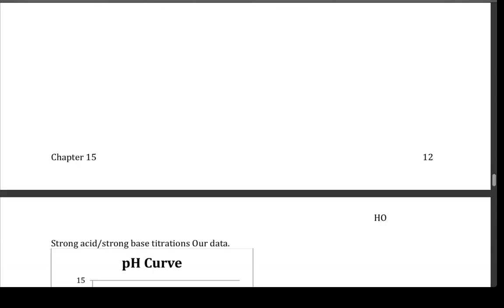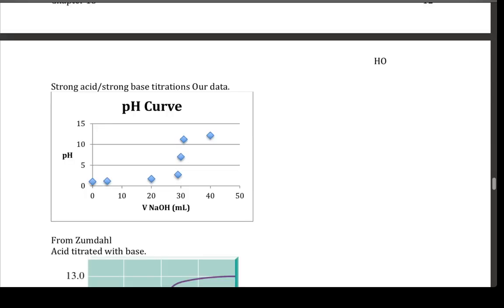So next, we would graph that data. And here's the graph that I got from that data. We start with a low pH, because we're starting with our HCl, and then we gradually add the NaOH, so the pH very gradually goes up.